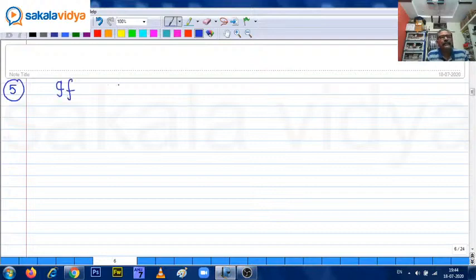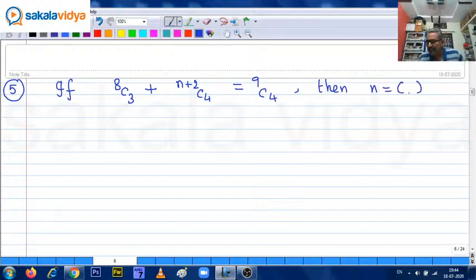If 8C3 plus n plus 2C4 equal to 9C4, then n equals to, first option is 6, second option is 10, third option is 12, fourth option is 15.